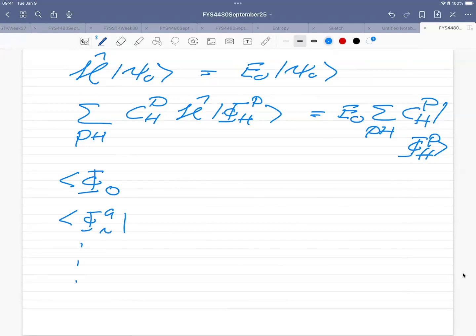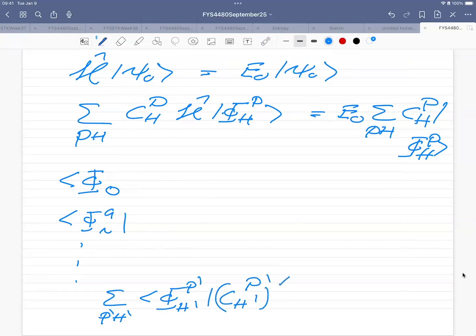Let's look at what happens when we multiply this equation from the left with phi 0, because doing that, what we are setting up now is to multiply with sum over P H prime, with all the states which we have here, Φ^H'_P', and then we have a C^H'_P', and this is a complex conjugate quantity.